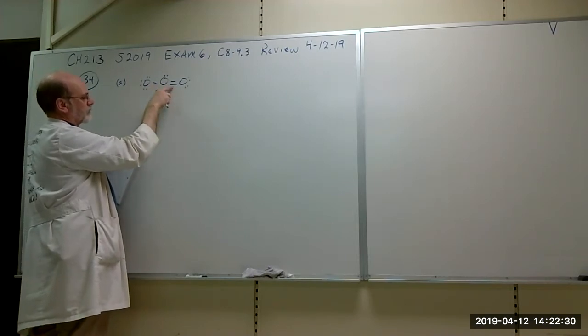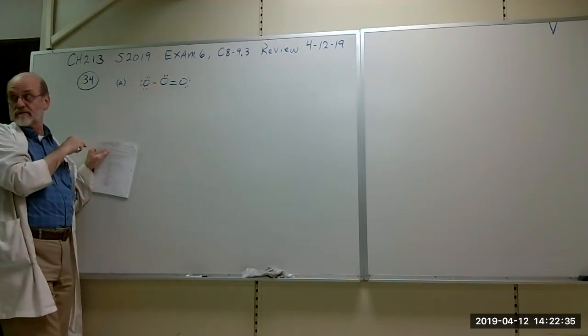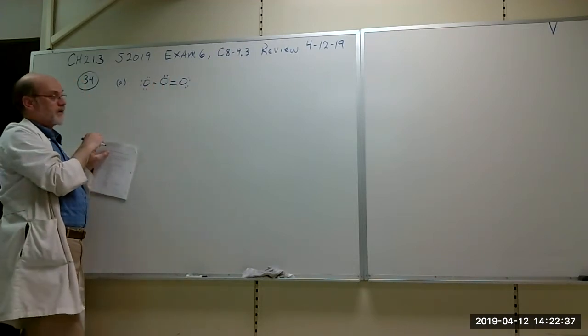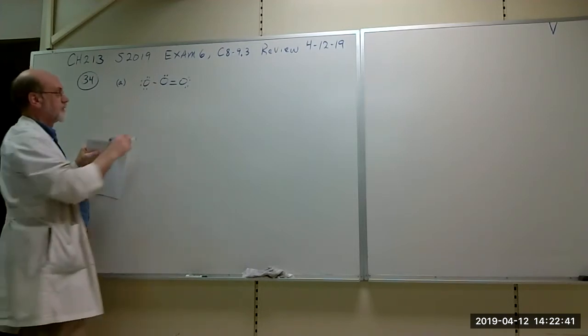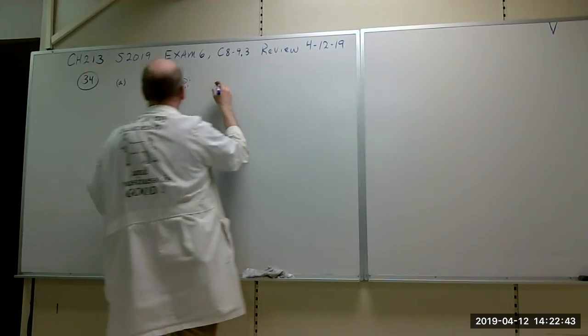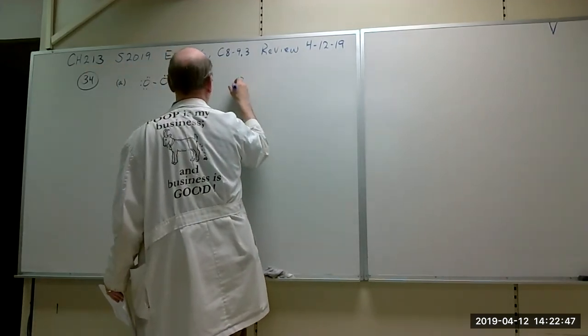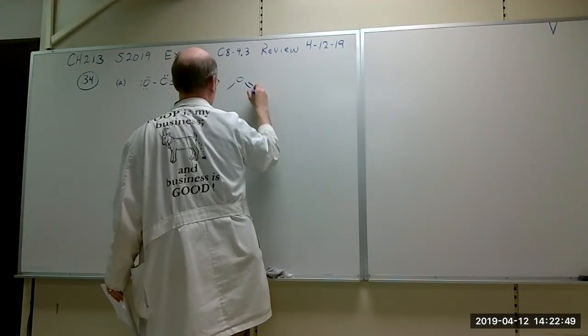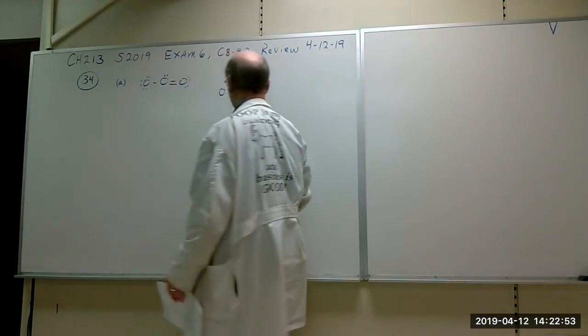So it's three groups, which means trigonal planar, right? So it really is going to look like this, that, and that. So the molecule is bent.